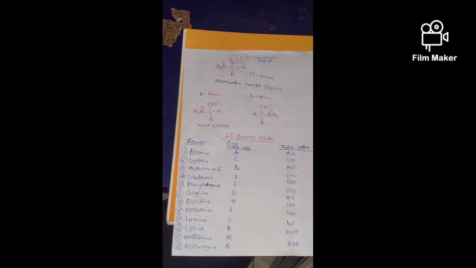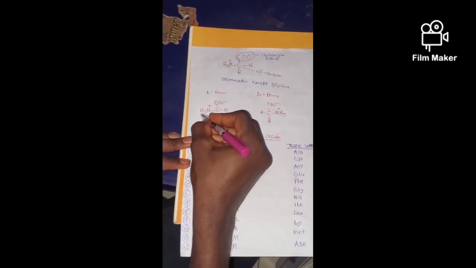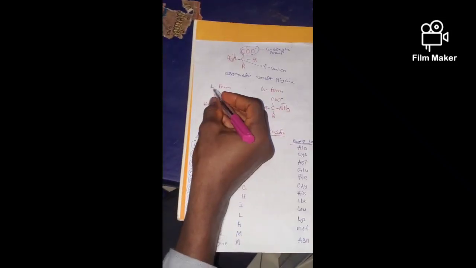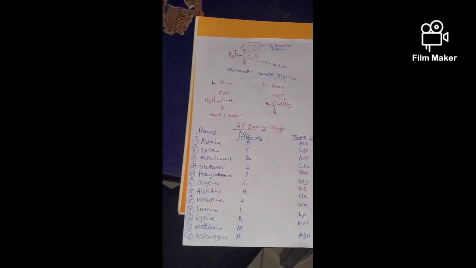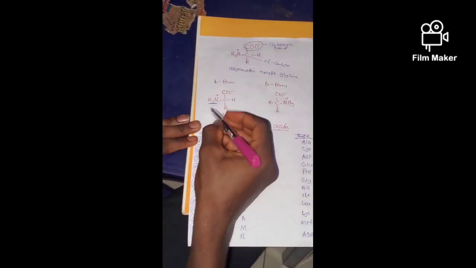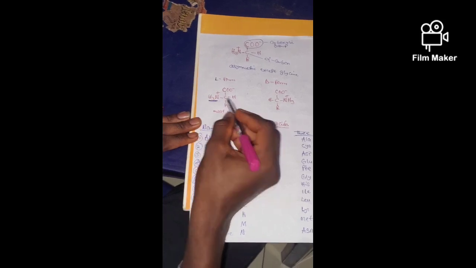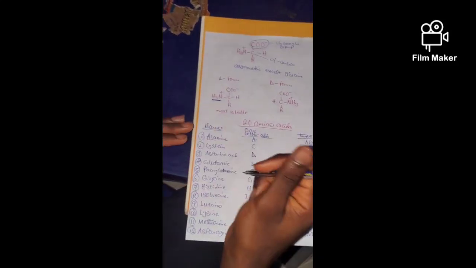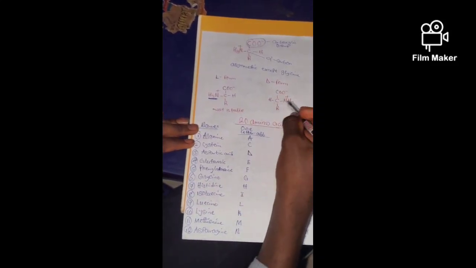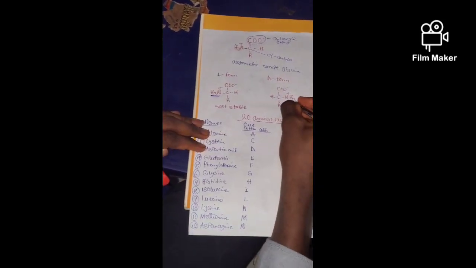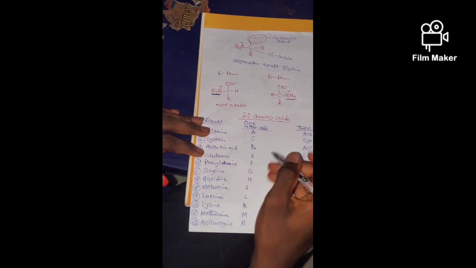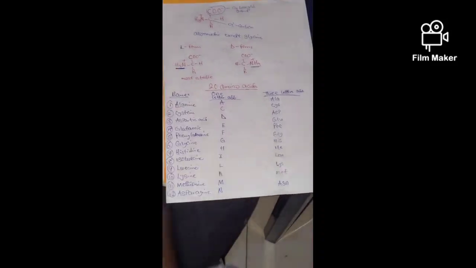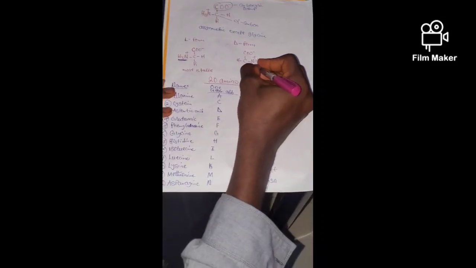The L form has the amino group on the left-hand side, just as the letter implies. The L stands for left hand. This group is attached to the alpha carbon at the left-hand side, while the D form has the amino group attached to the alpha carbon at the right-hand side. You can see it here in the structure.